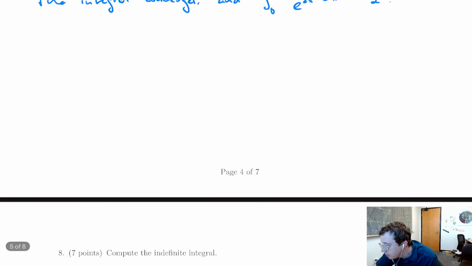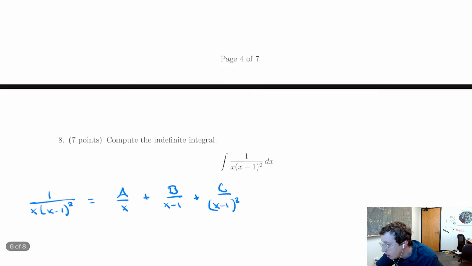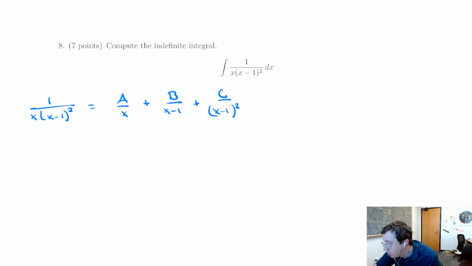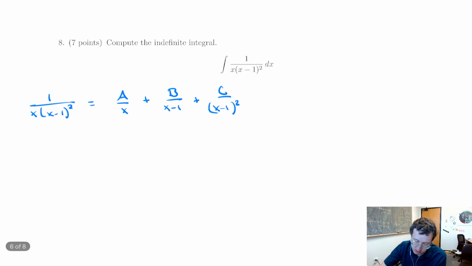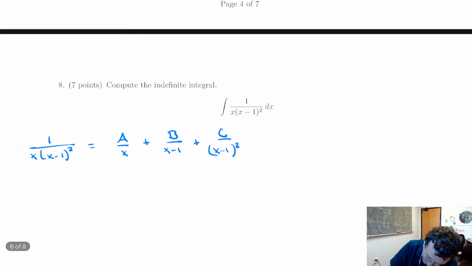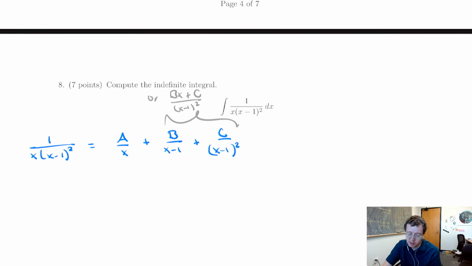Let's see. Wouldn't it be cx plus d over x minus 1 squared? So you absolutely could do that instead. You could go bx plus c over x minus 1 squared. That would also be perfectly acceptable.